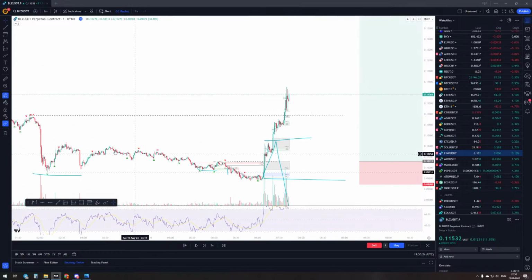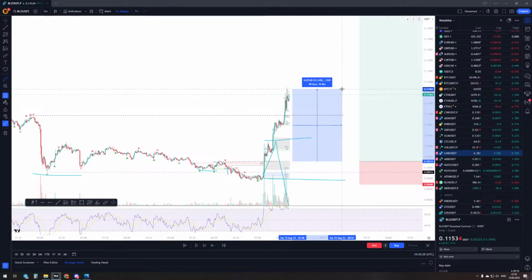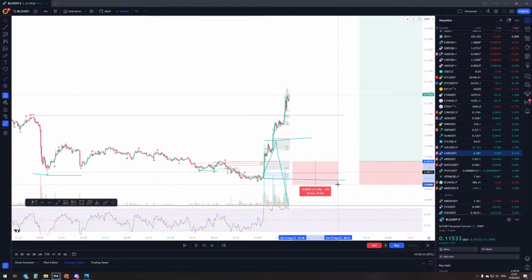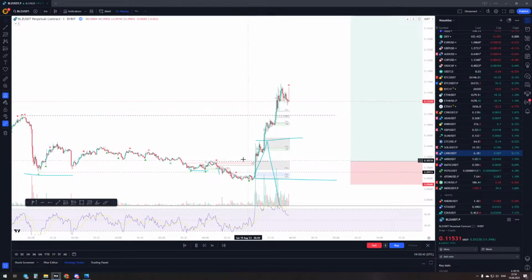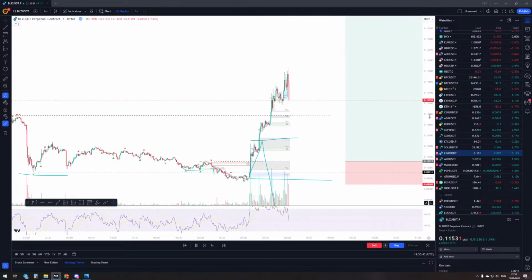And as you can see, we're already up almost 13% with 3.6% risk. Let's say 4%, right? So we can already go out, or we can at least move our stop and our entry.